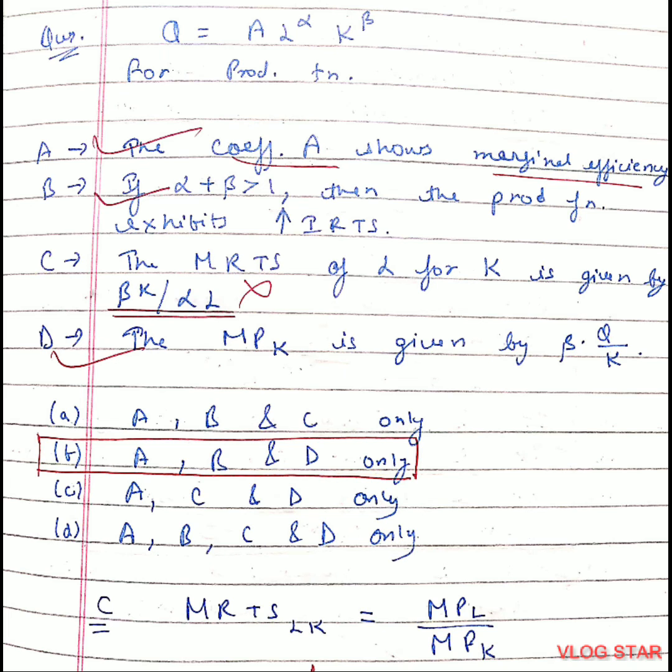So in the numerator should have been labor and the denominator should have been capital, that is L upon K. Then the fourth option says MPK is given by beta Q upon K. This is also correct, so B is the correct option, which says A, B and D are true.